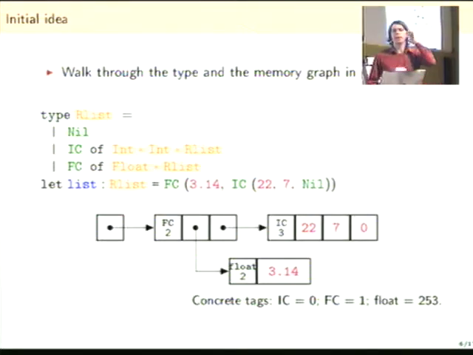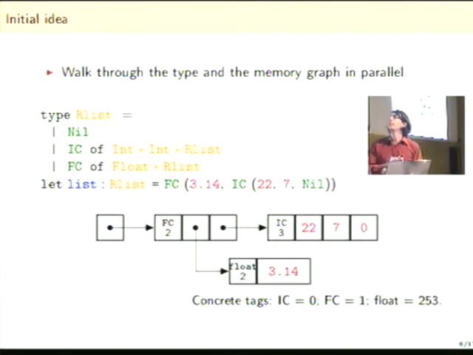So here this is the initial idea, the simple idea. Here we have a list of rational numbers, and we just want to walk through the value and propagate the expected types together.